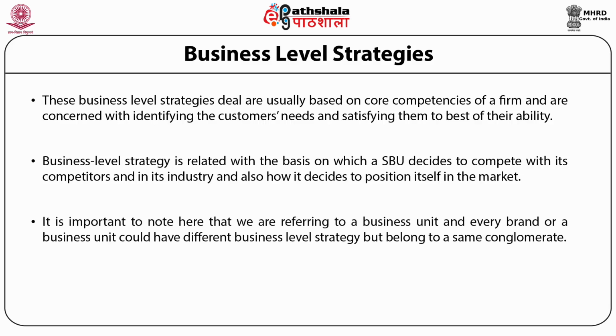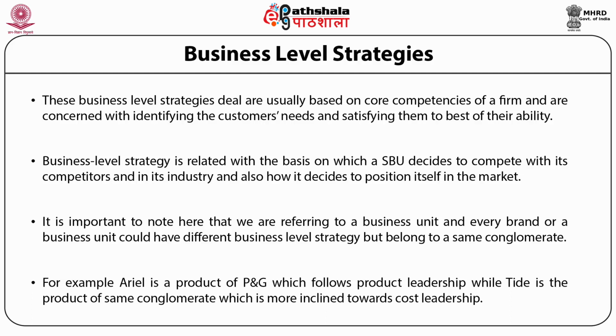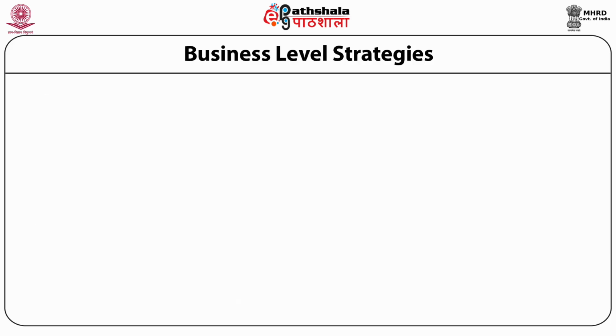It is important to note here that we are referring to a business unit, and every brand that business unit could have could have a different business level strategy, but as such they belong to the same conglomerate. For example, Ariel is a product of Procter & Gamble, which follows product leadership, while Tide is the product of the same conglomerate which is more inclined towards cost leadership.